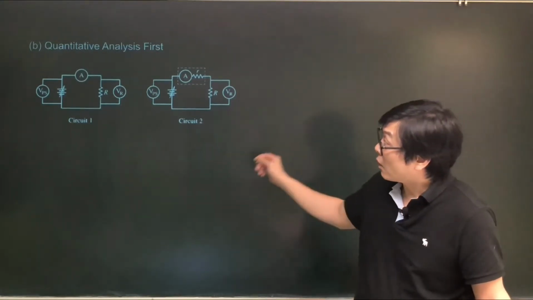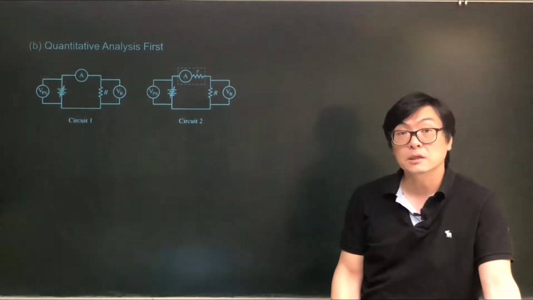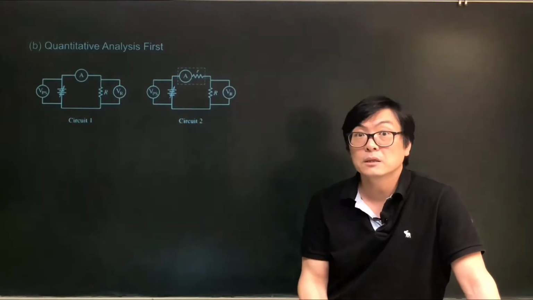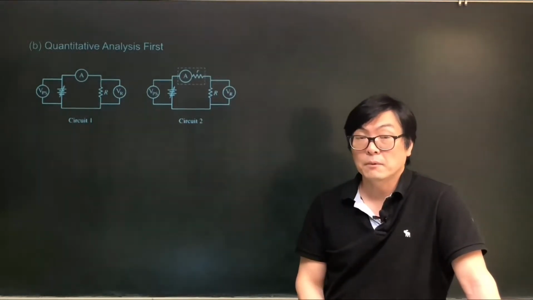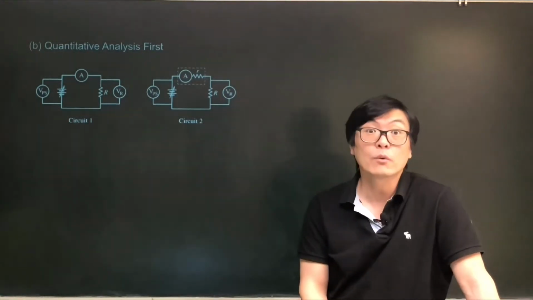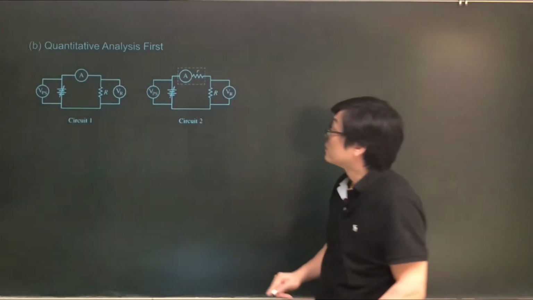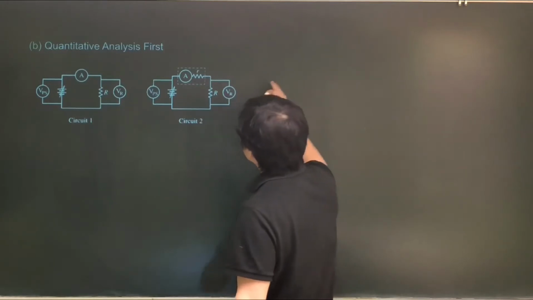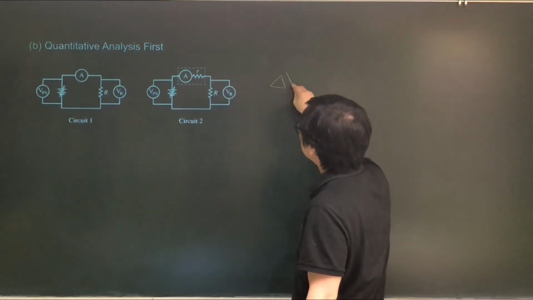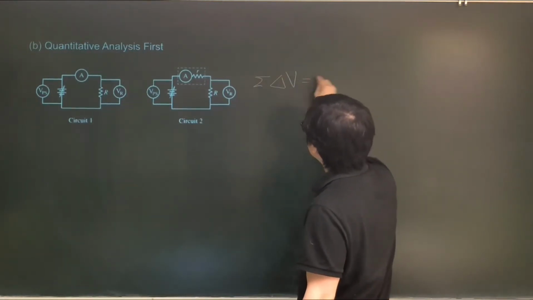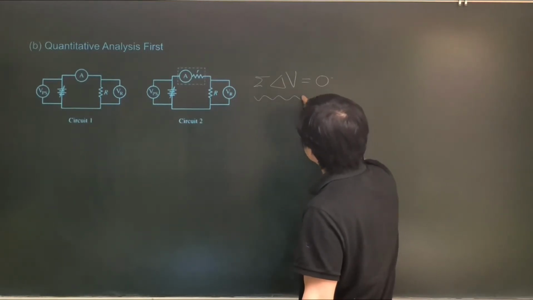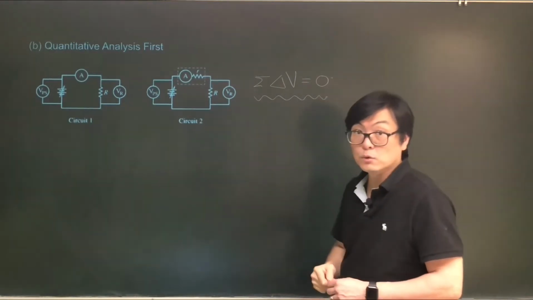Around a closed circuit, the sum of the potential changes is always equal to 0. That's the Kirchhoff rule, right? So around the circuit, the sum of delta V must be equal to 0. This is Kirchhoff's loop rule.